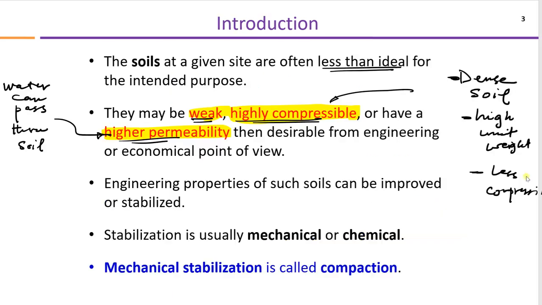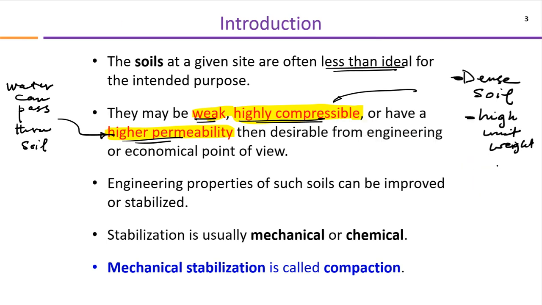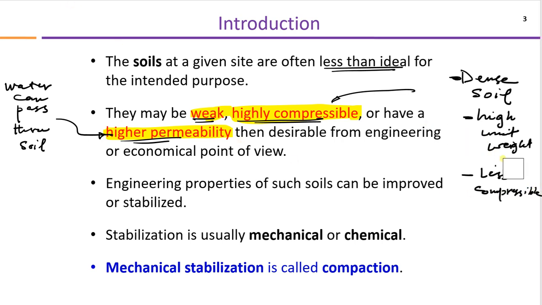Let me write it here. So it is going to be less compressible if the density is high. The purpose of compaction is to increase the density. The purpose of this process of compaction is to achieve high unit weight.